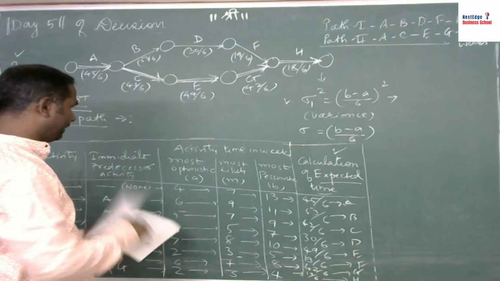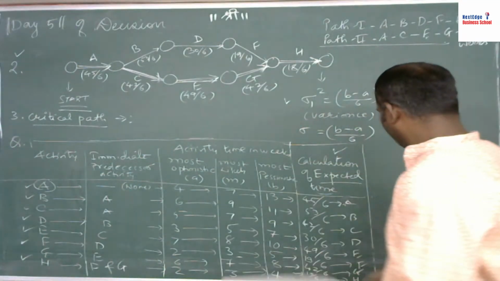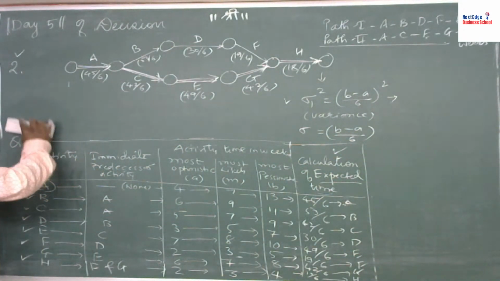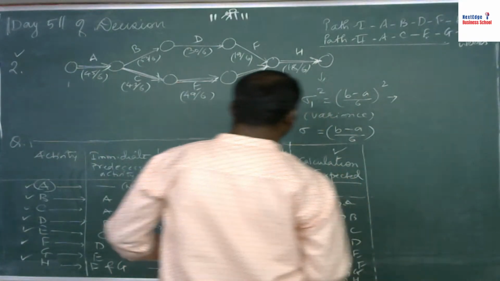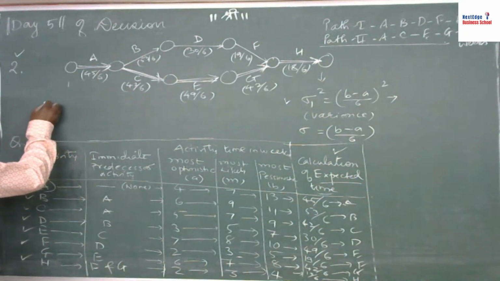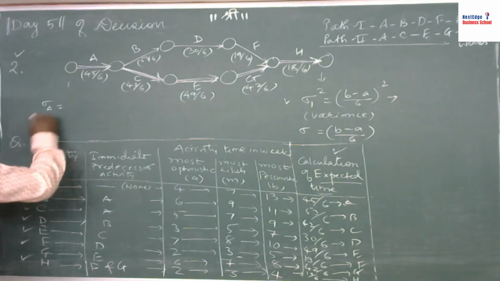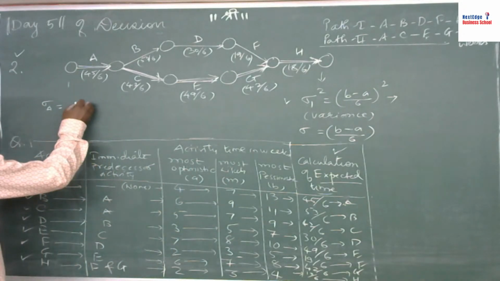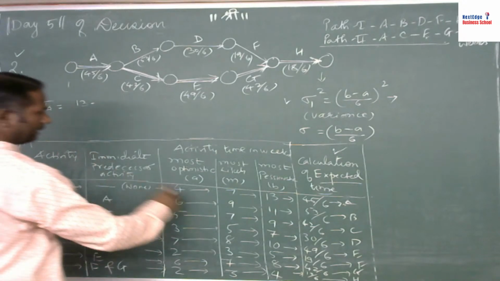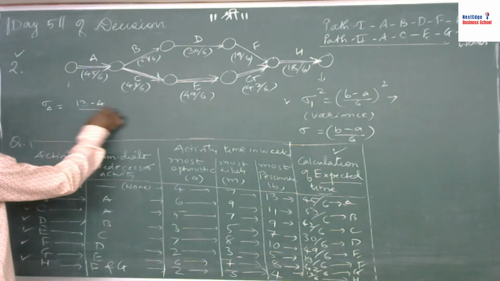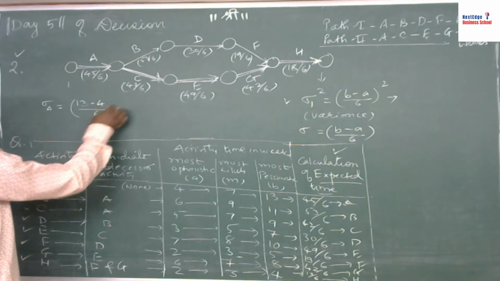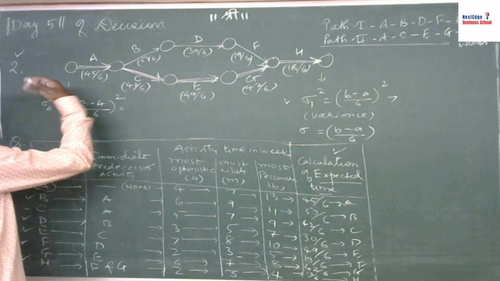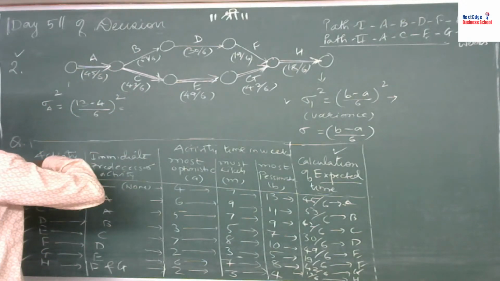Okay, let's calculate it. I'll calculate it for one activity, and you all have to calculate for the rest. So for A, I'll calculate the standard deviation. Sigma A is equal to: what is the value of B? The value of B is 13. 13 minus A, which is 4, upon 6, and the square. If we take the square root of both, we get the exact value.